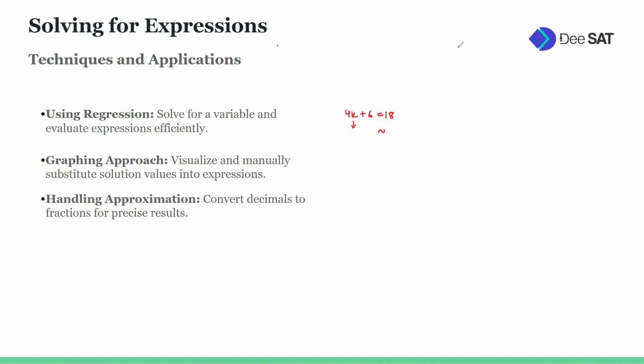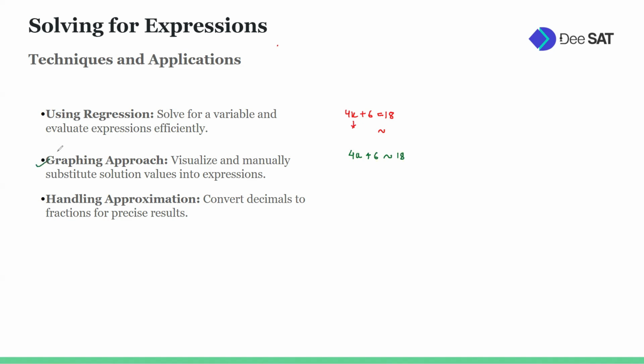So my new equation can be of the form 4a plus 6 regression sign 18. And I just plug this inside Desmos. Desmos will instantly calculate and display the solution for a. This eliminates the need for manual algebraic steps, as you have already seen.